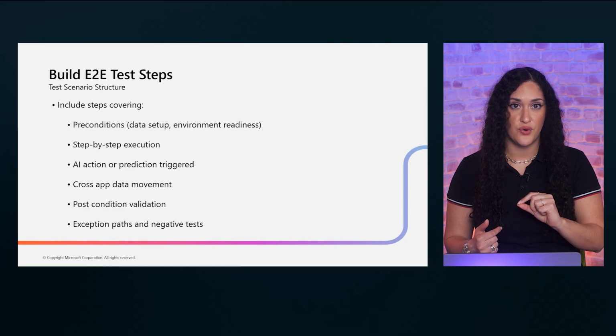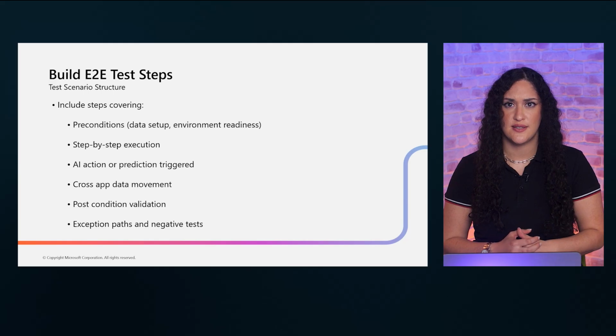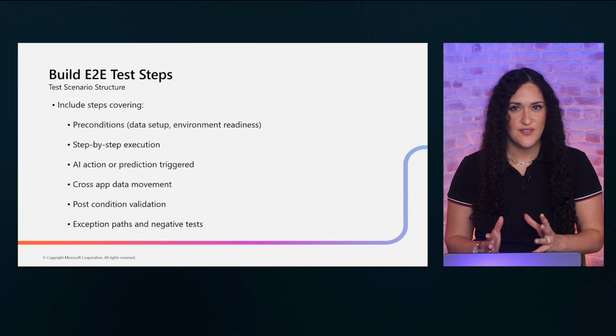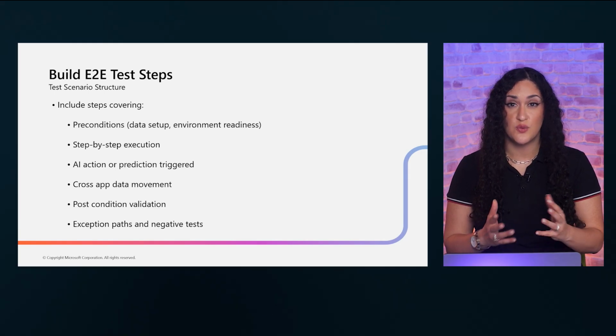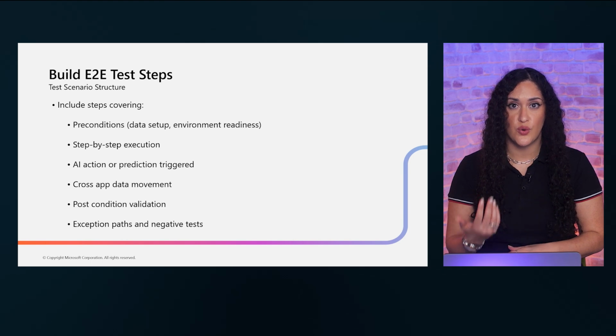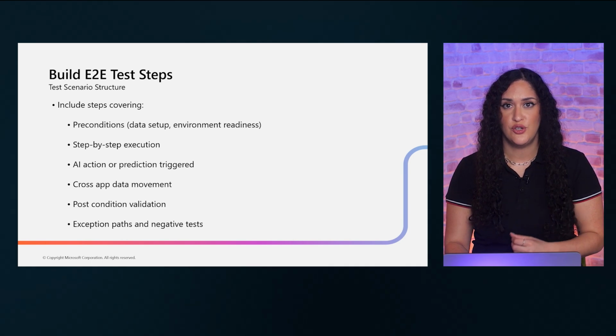Post-condition validation to confirm expected outcomes. And exception paths and negative tests to see how the system handles failures. Negative testing is just as important as positive testing. Knowing what happens when things go wrong is critical for enterprise resilience. Always include failure scenarios.